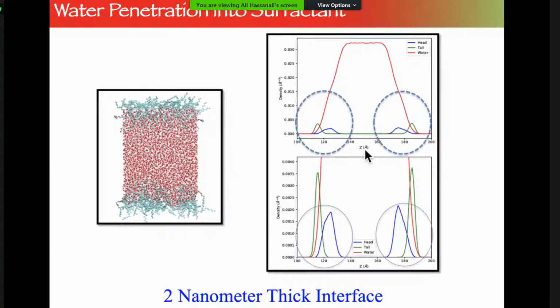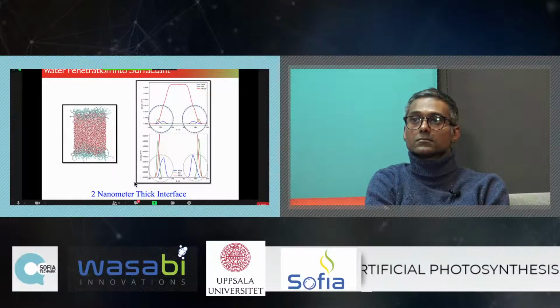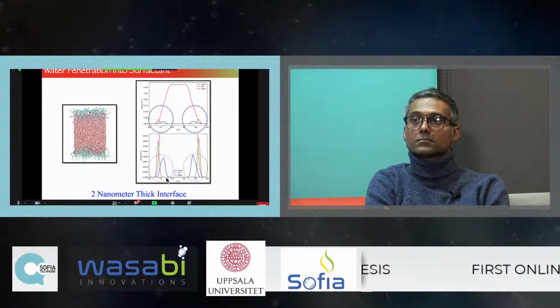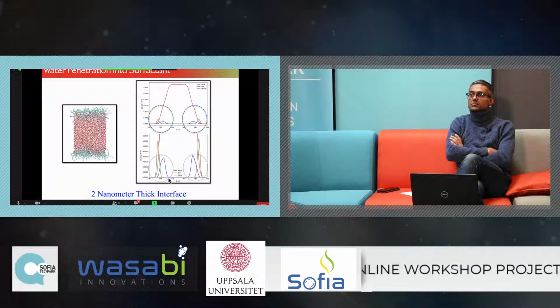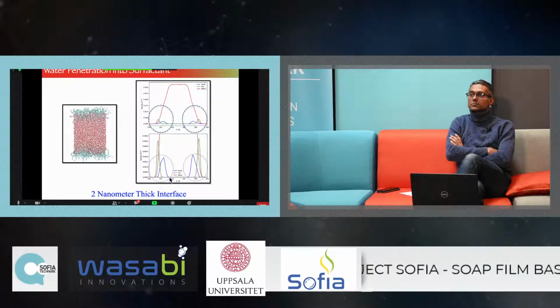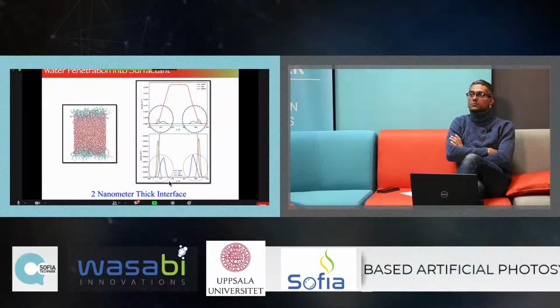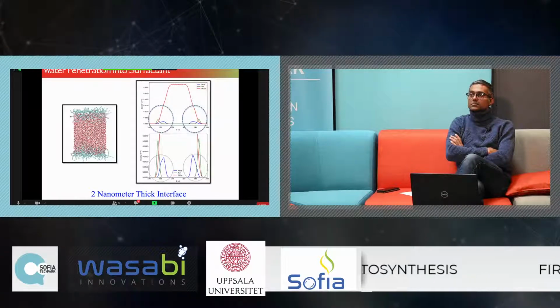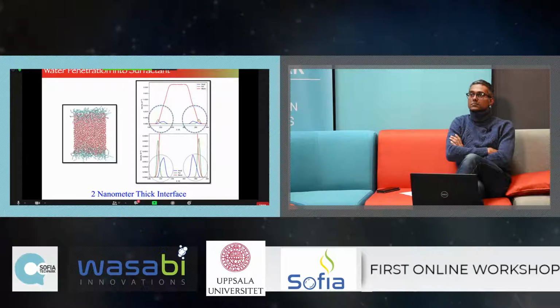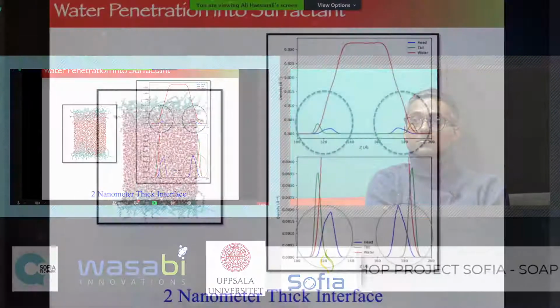So it's a very wet surfactant. That's number one. And number two, it's a rather thick interface. You see from these length scales that we're talking about a thick interface of about 2 nanometers. This is going to become a very important thing that I'll come back to later on in my talk.